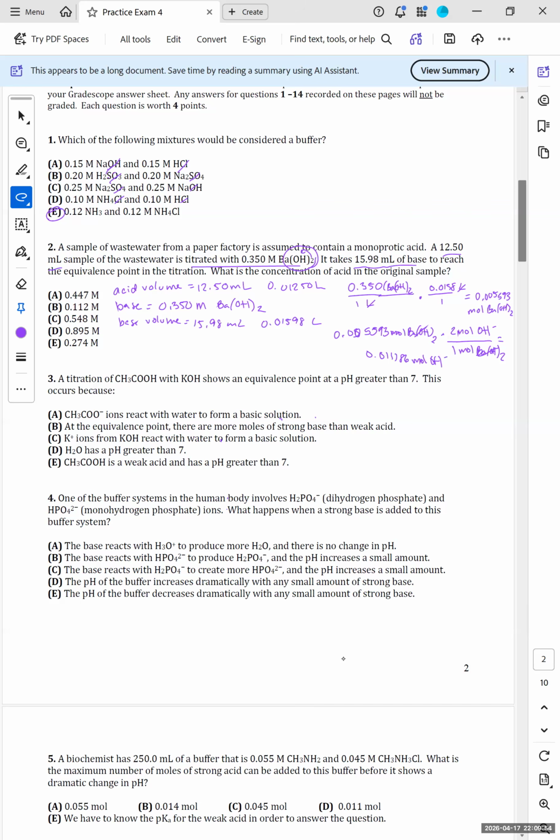And this was our monoprotic acid. I was given the liters of it, but the molarity is my unknown. So in order to put that into molarity, I want to make sure that I now divide it by the liters that I was given earlier.